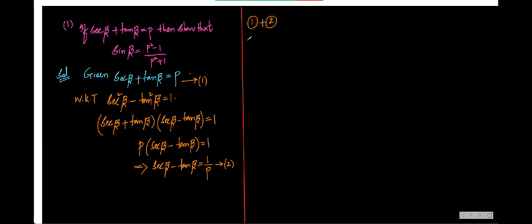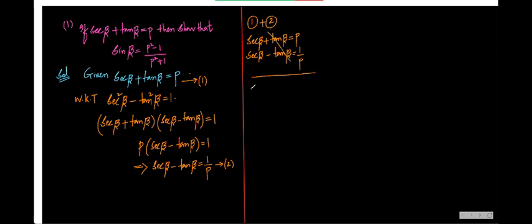So when adding, you see, sec beta plus tan beta is equal to P, and sec beta minus tan beta is equal to 1 by P. We have to add these two values. When adding, these two cancel, plus and minus.